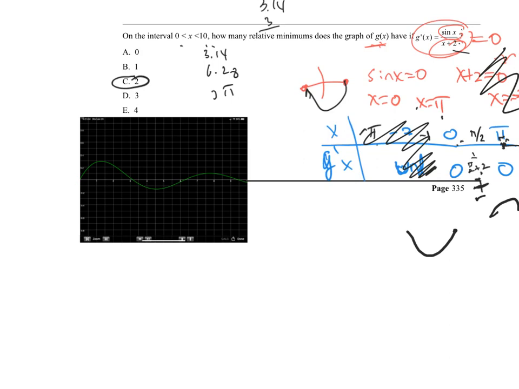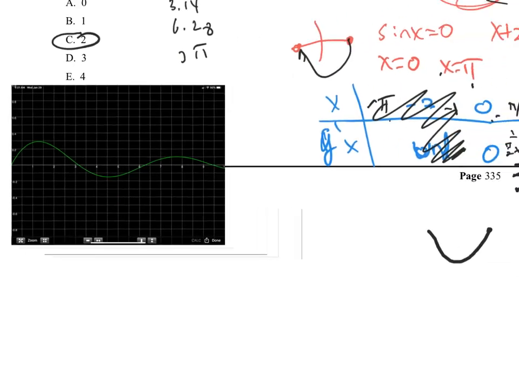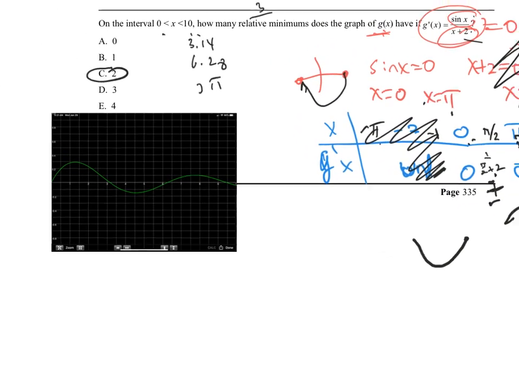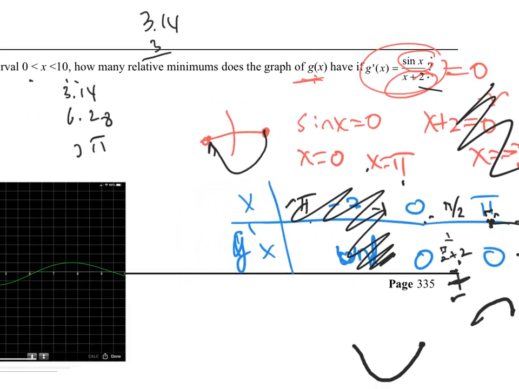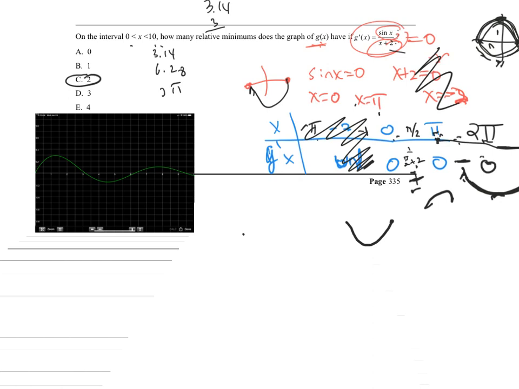I'm back. There is the graph of the derivative from 0 to 10. Sure enough, I wanted to have a minimum. The slope has to be minimum max. He wants minimums. We want less than 0 to greater than 0.